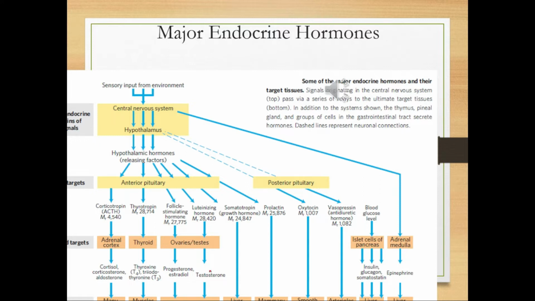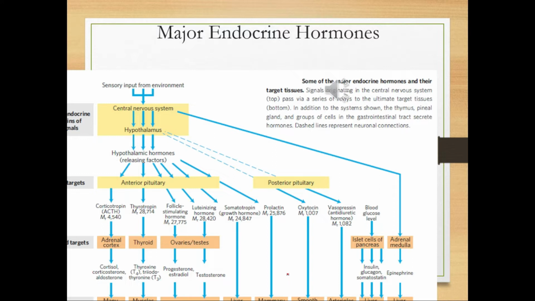Some other hormones such as somatotropin, prolactin, oxytocin, and vasopressin of the posterior pituitary act directly on their ultimate target. Their second targets are not present.